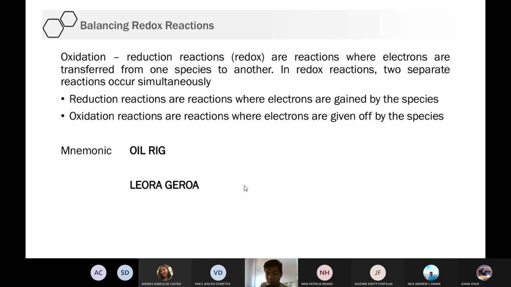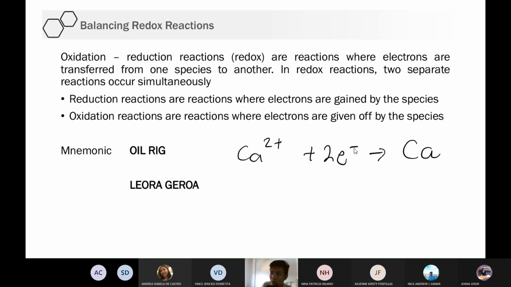Okay. So, let's think of this, no? Suppose we have a compound. Okay. Let's say it accepted 2 electrons. What will happen? Mawawala yung charge niya. Okay? So, let's look at this example.